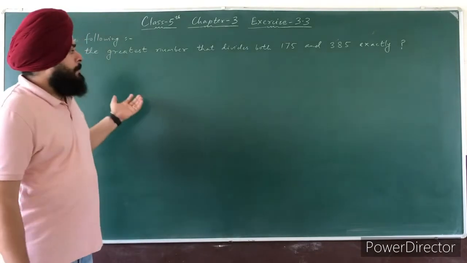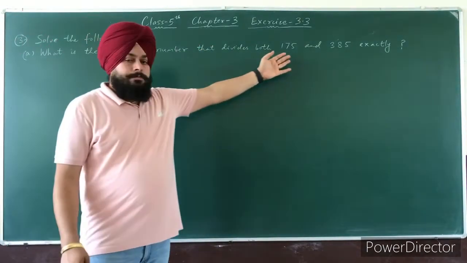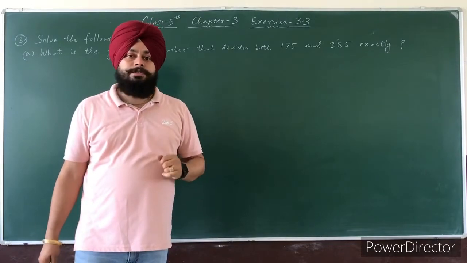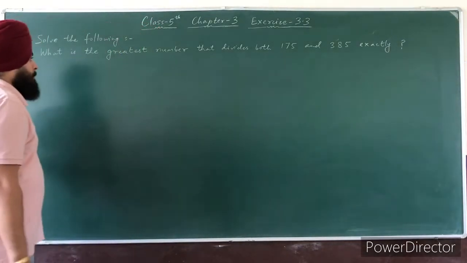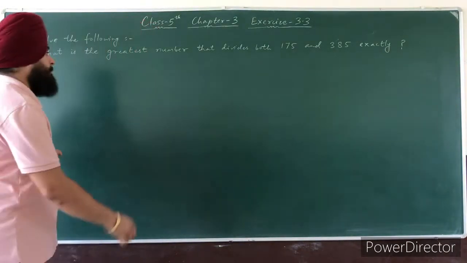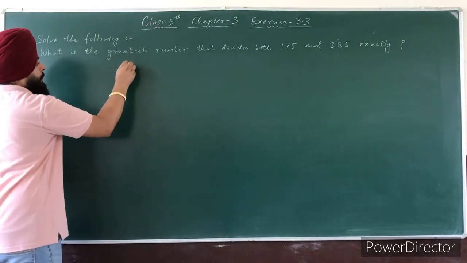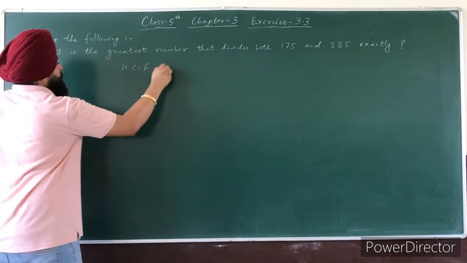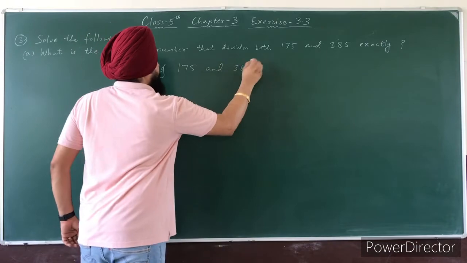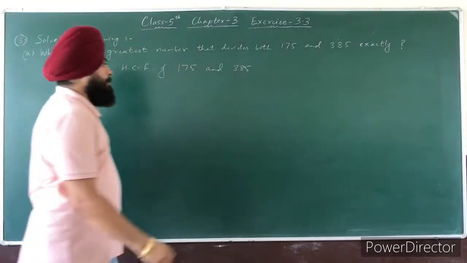So we will solve this HCF by which method? Second one, that is the long division method. Or it's your choice, you can also solve it by the prime factorization method. So find the HCF of 175 and 385.